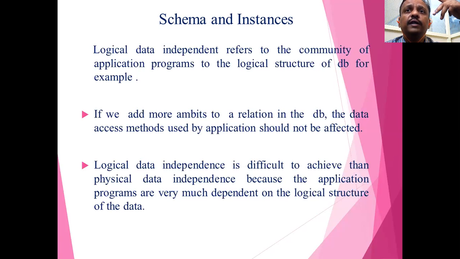So this is called the community, a group of people who are working on a particular application. If we add more attributes to the relation in the database, the data access method used by the application should not be affected. So if you change any relationship in the database, it should not affect the application.